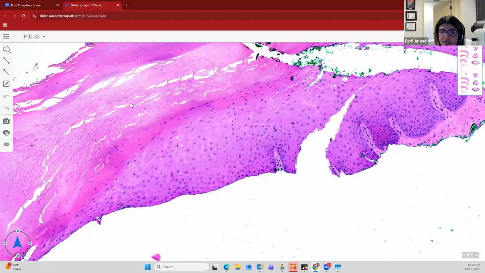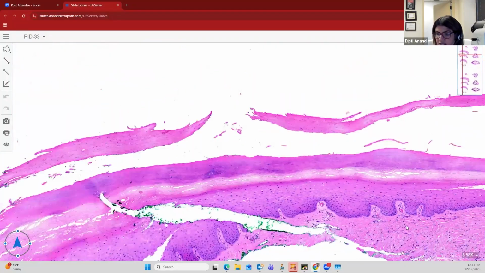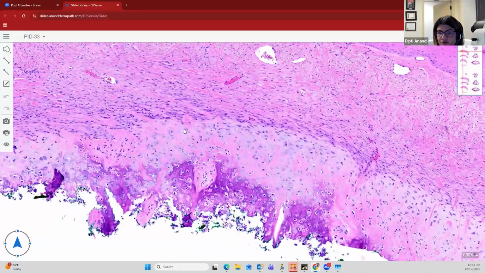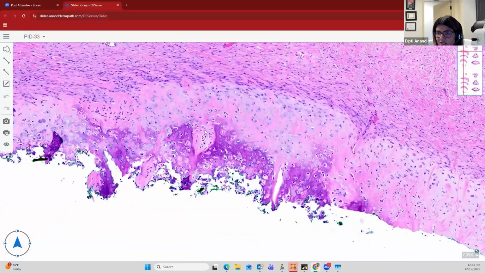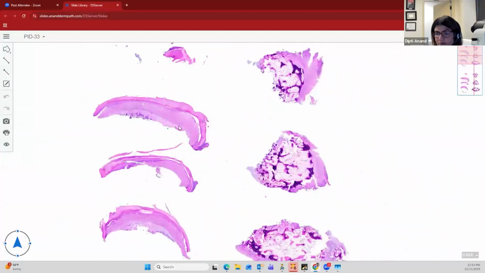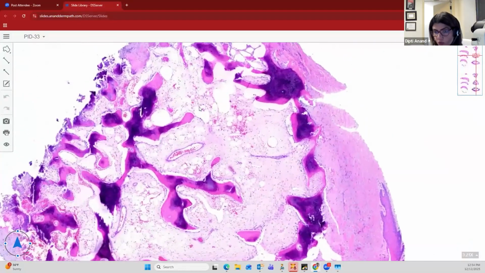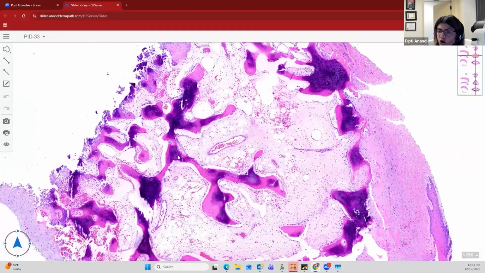So you will often see a thick keratin layer, which could be a portion of a nail. And right beneath it, you will see fibrosis and granulation tissue. So you can see the fibrosis and granulation tissue and a cap of cartilage. So you can see the nice cartilaginous cap. And this cap is overlying the bone, which has formed. So this is again lamellar bone, which has been formed as a result of chronic trauma in the region.